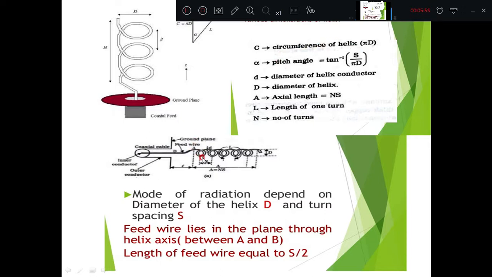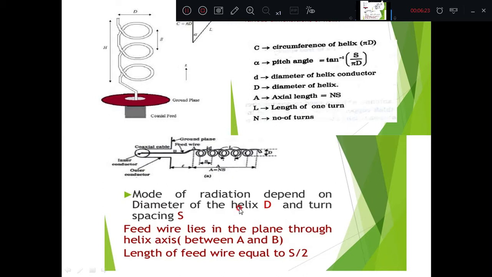The circumference of the helix is capital C, which is given by pi times the diameter, right? And L is the length of one turn. If you take one turn, here it is marked capital L, the diameter capital D is here, and small d is denoted here.